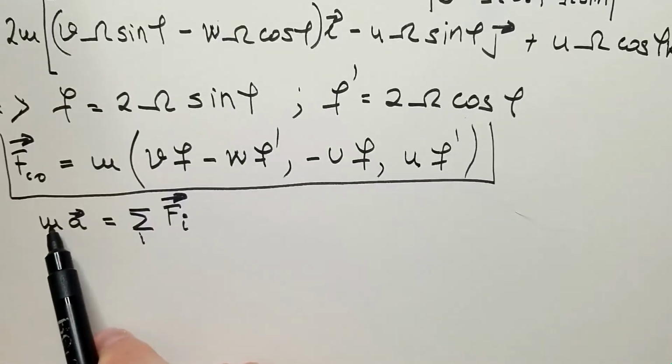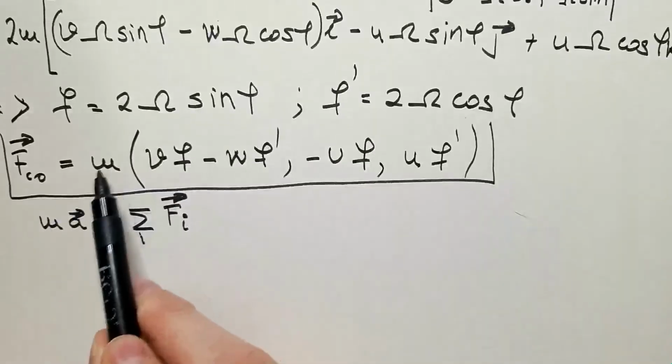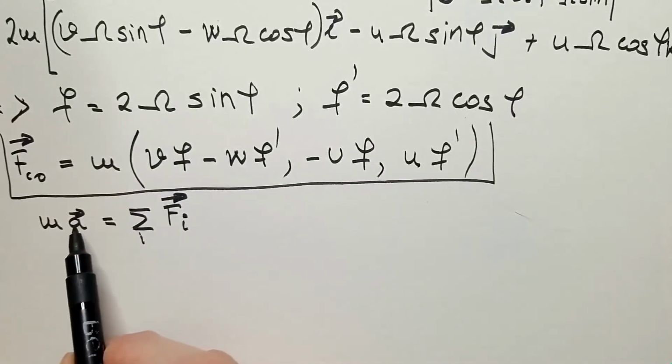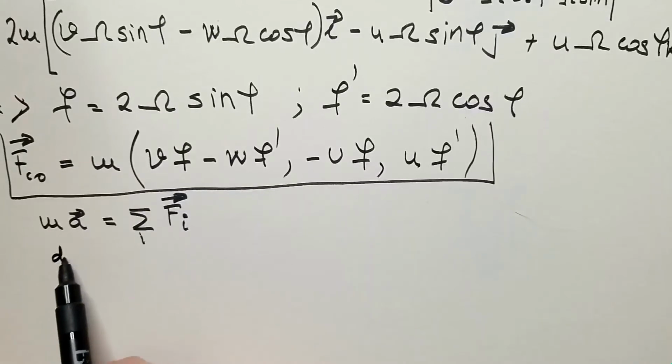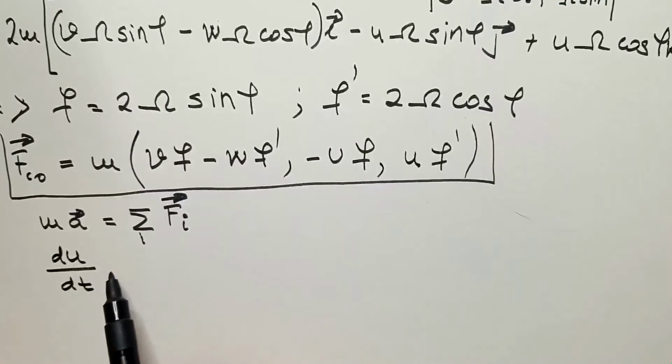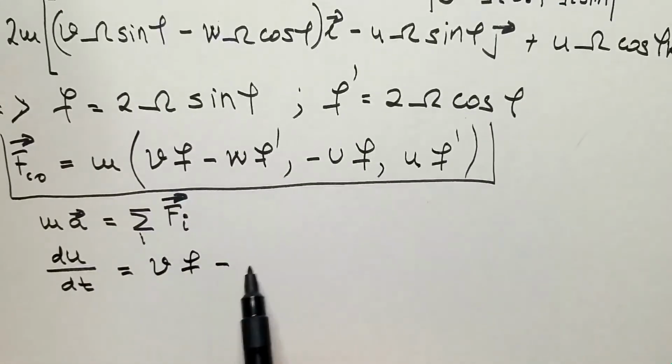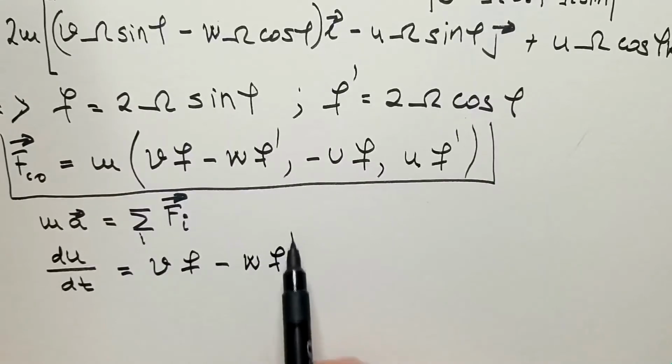I will cancel the mass in all terms, so I don't have to write it further. Then the acceleration in the x direction, du dt, will be this, Vf minus Wf prime.